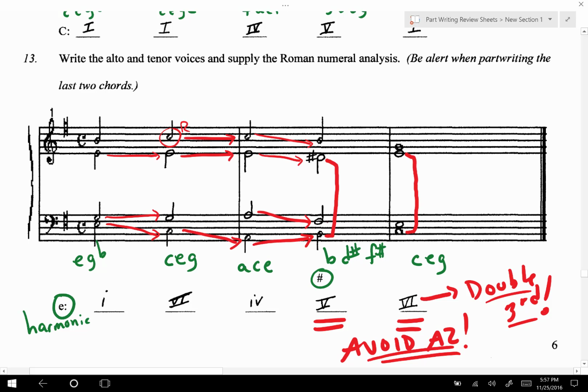Why can't I put tenor on this G? Because then I'm creating parallel fifths, which is not allowed. So the tenors must go down to the E. And hopefully this makes sense.